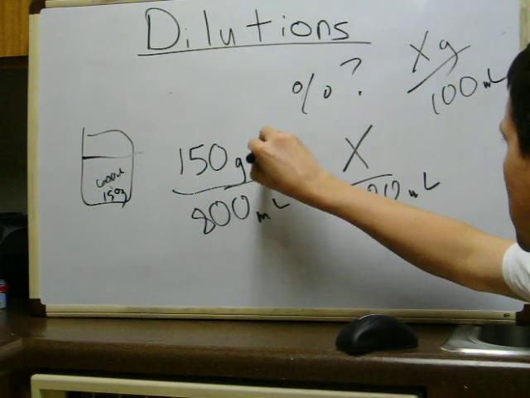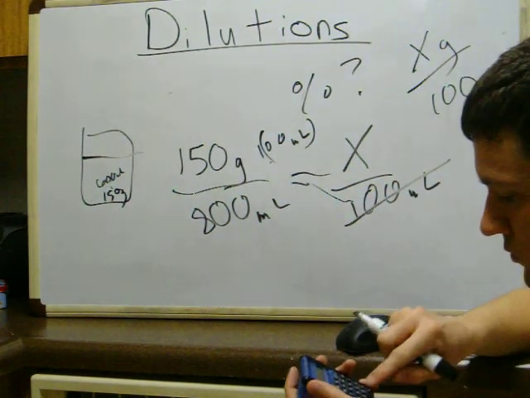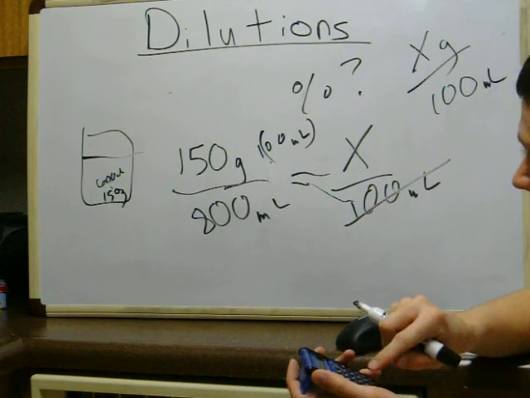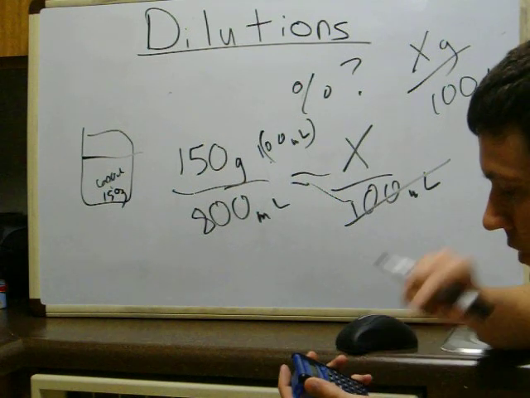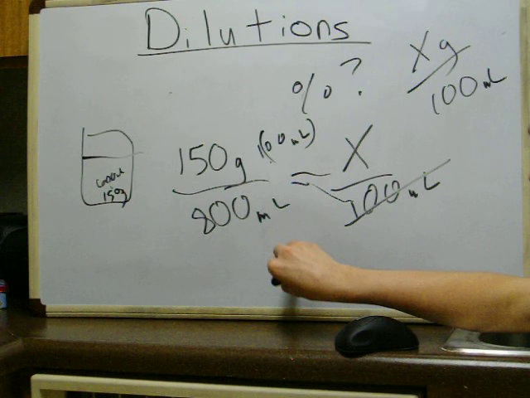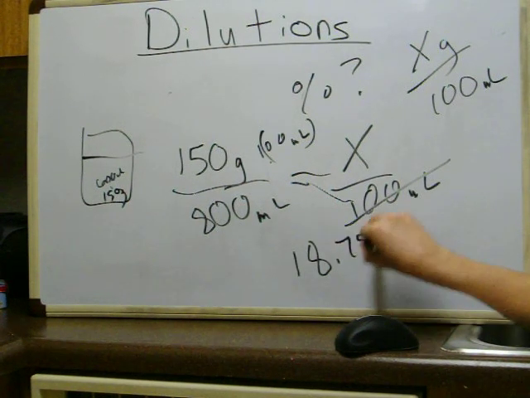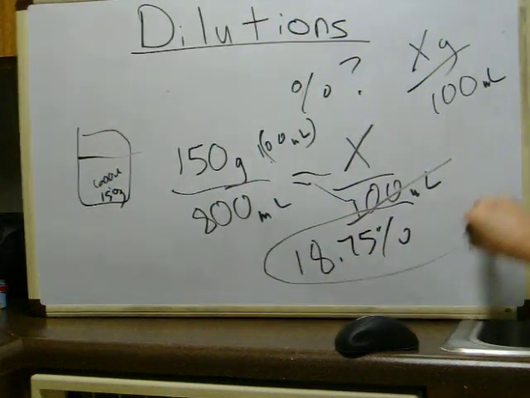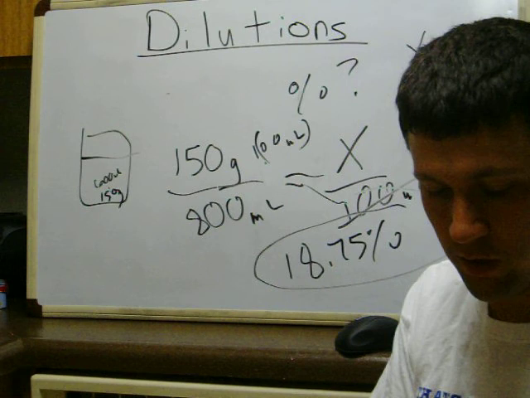So 100 milliliters. So we get 150 times 100 over 800. And we should get 18.75%. So this is our new concentration.